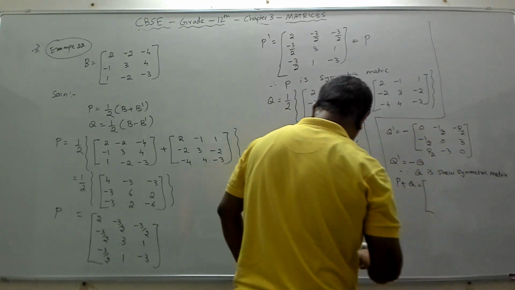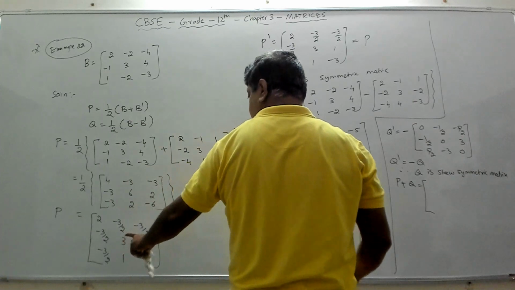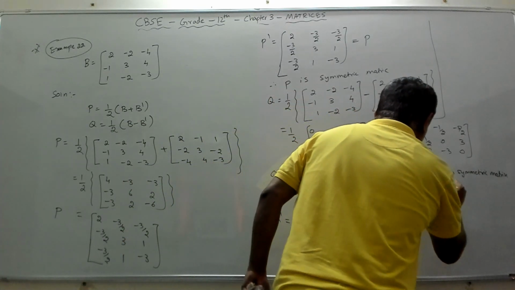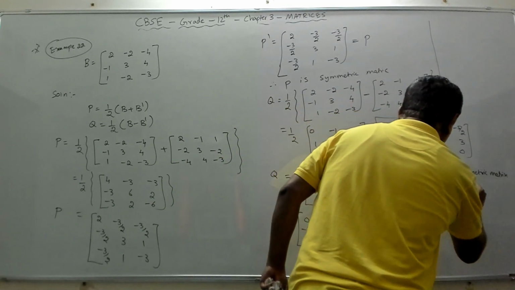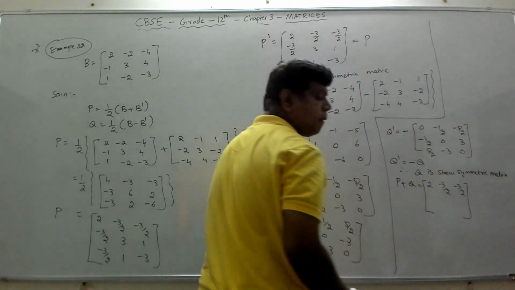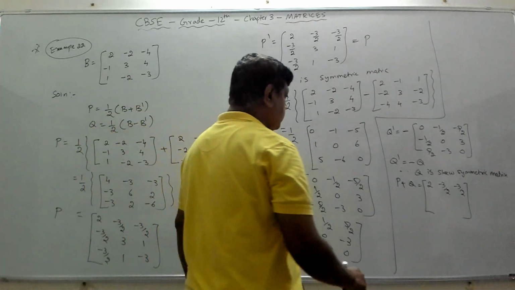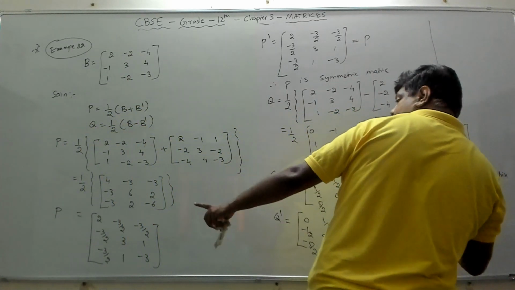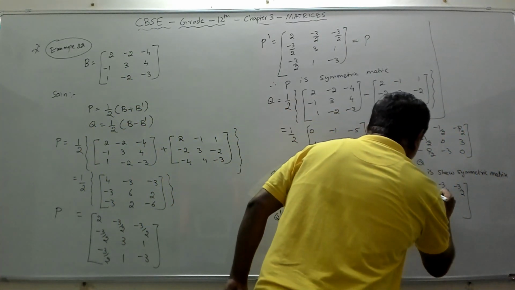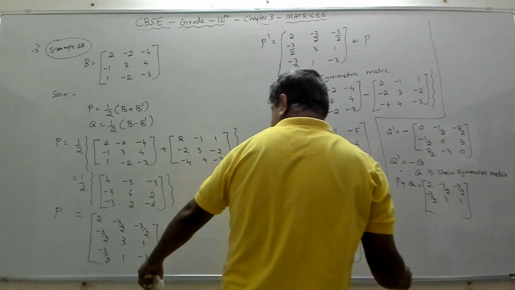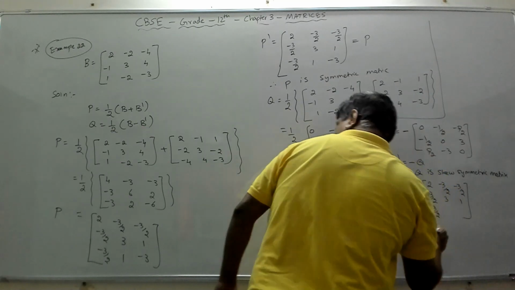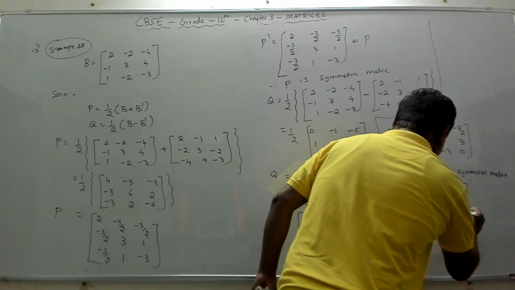So what is P? P is 2, minus 3 by 2, minus 3 by 2, then minus 3 by 2, 3, 1, then minus 3 by 2, 1 and minus 3.